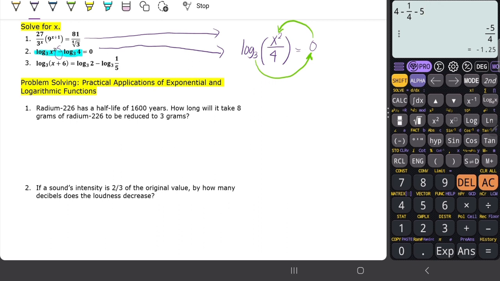Isulat natin yon. So, 3 raised to 0 equals x squared over 4. We know that 3 raised to 0 is just 1. So, by cross multiplication, 1 times 4 is 4. 4 is x squared. Therefore, x is plus minus 2.